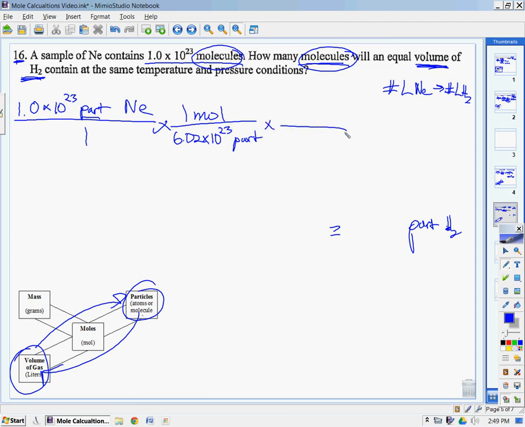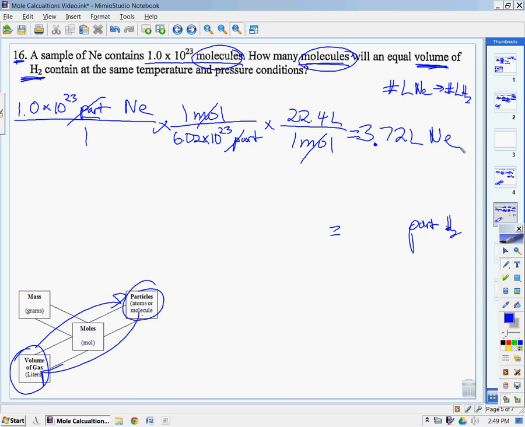And then we know that there's 22.4 liters in 1 mole. So at the end of that, particles cancels particles, moles cancels moles. We get that this is 3.72 liters of neon.